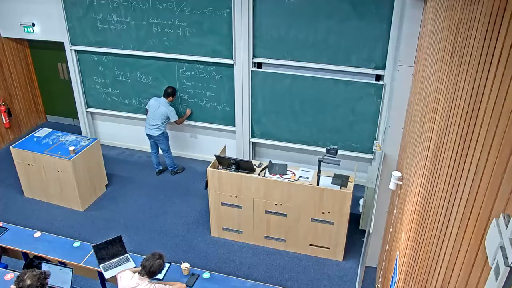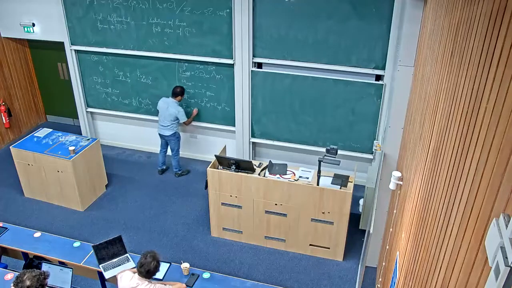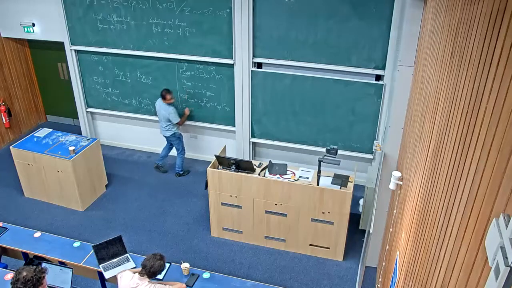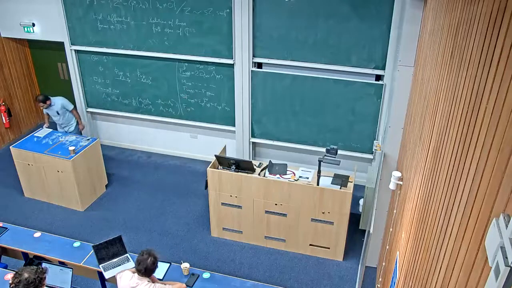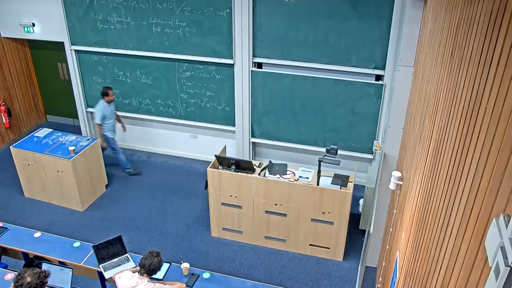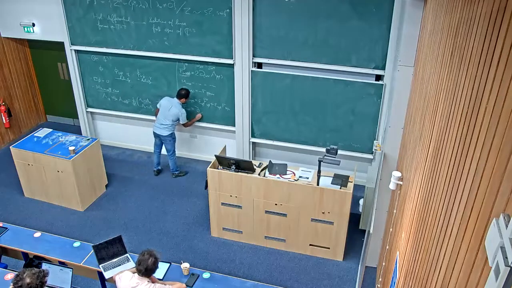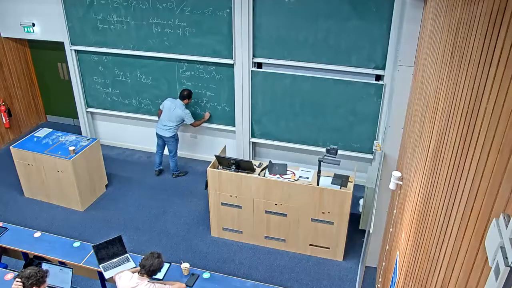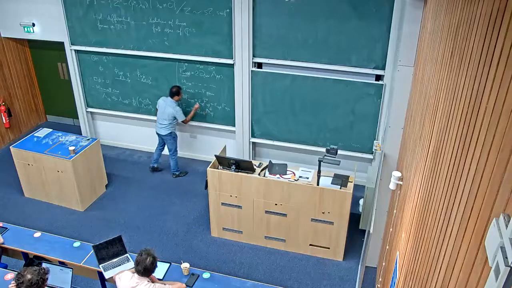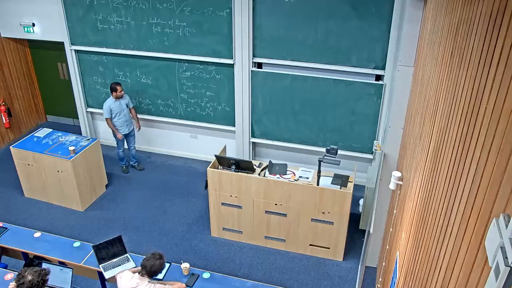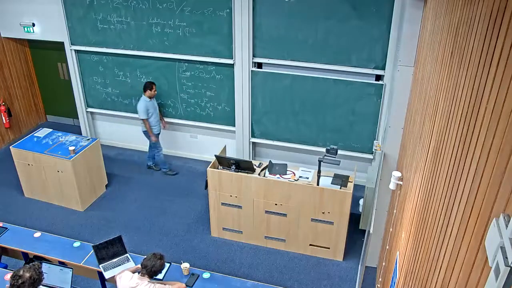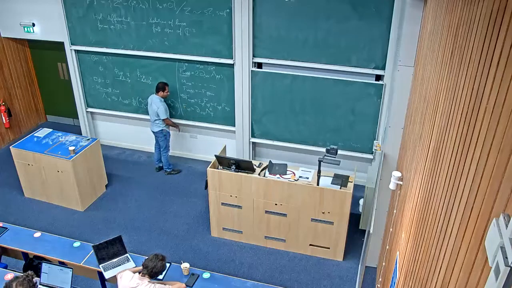F alpha beta will be, up to factors of 2, partial alpha alpha dot A beta alpha dot. Maybe I'll leave it as an exercise for you to check that this is symmetric in alpha and beta.